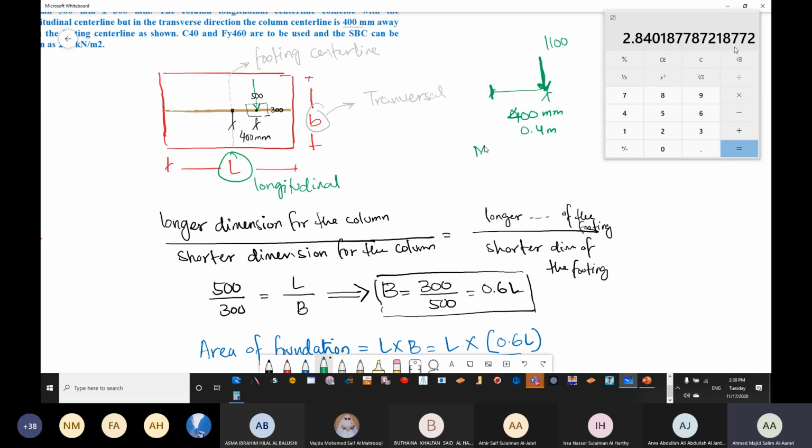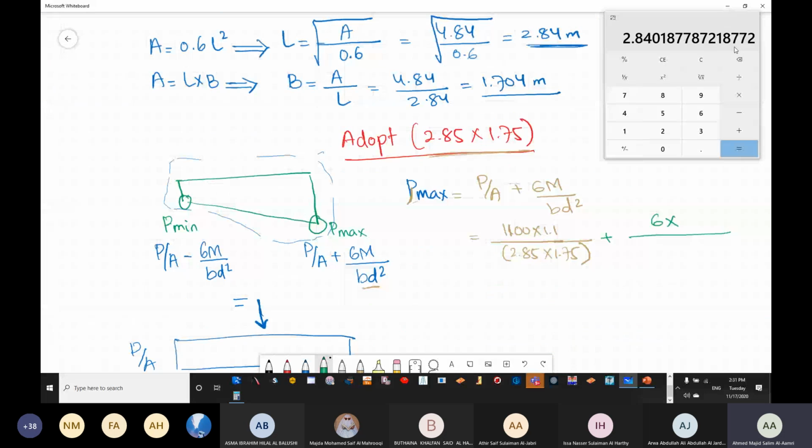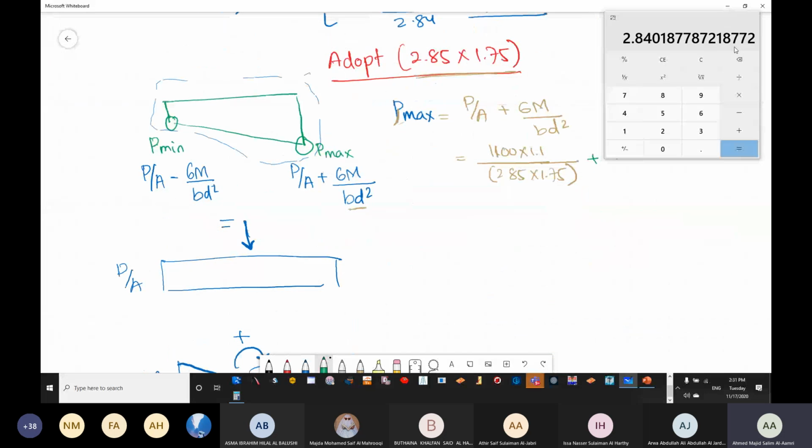So if I want to calculate the moment, it is equal to force P multiplied by E, which is the distance. You studied force into distance, so that's 1100 multiplied by 0.4, which gives 440 kilonewton meter. Till now we are only applying the basics that you have studied in previous courses.